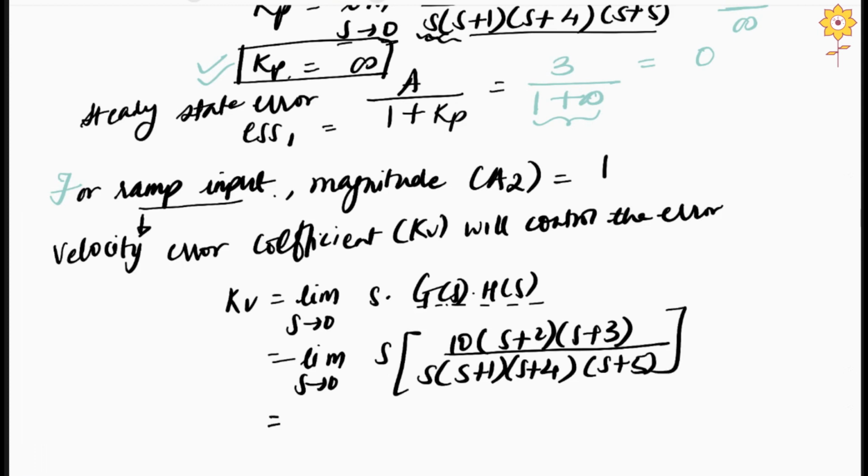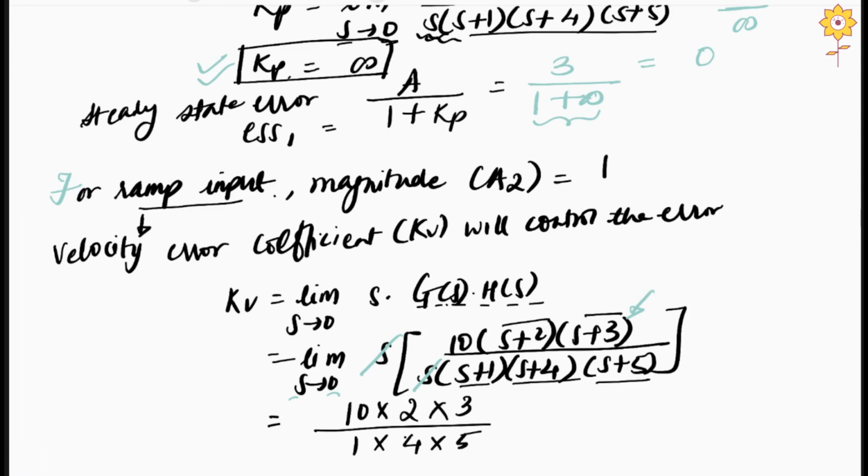So, this s and this s will get cancelled out. Then we will substitute the value of s as 0 in this equation, and after doing that, what we will get? We will have 10 into 2 into 3 upon 1 into 4 into 5. After calculating, you will get the answer as 3. So, Kv is equal to 3.